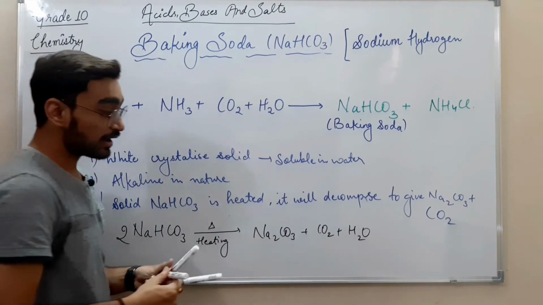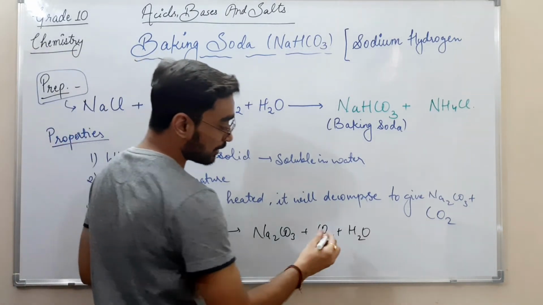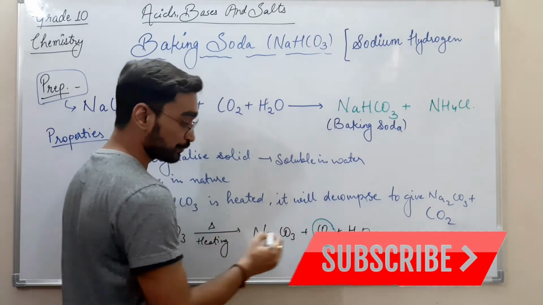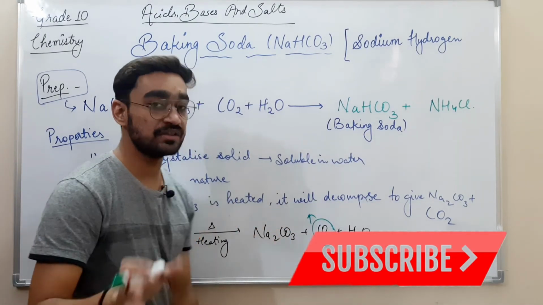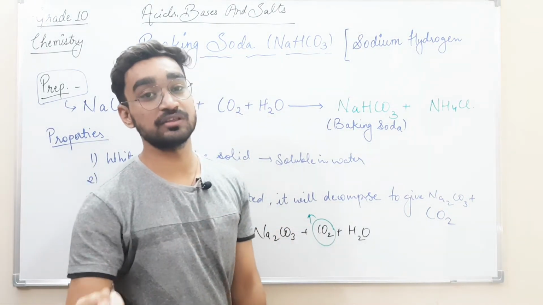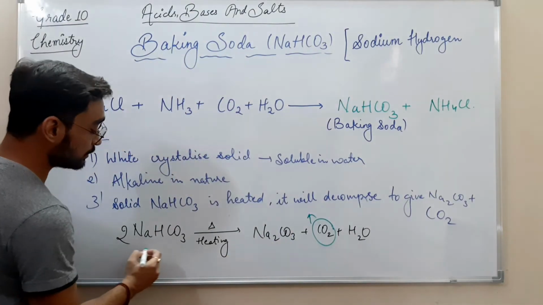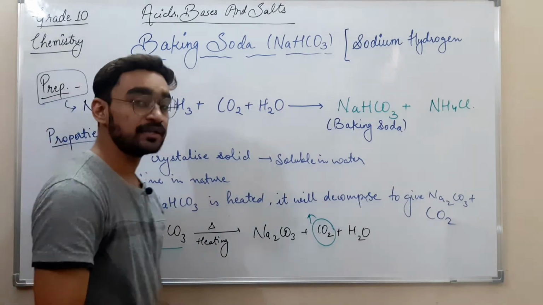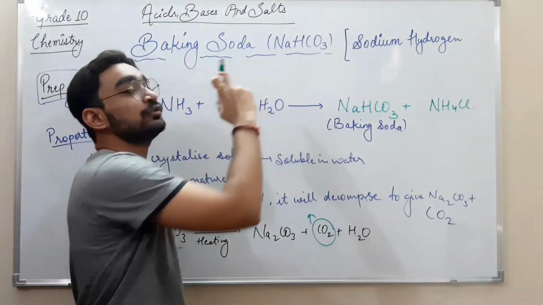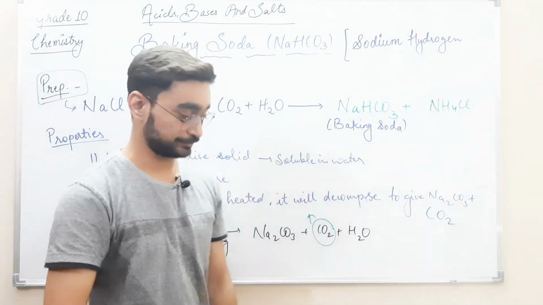The carbon dioxide evolved here gives sponginess to our breads, cakes and all bakery items. That is why baking soda is used to make bakery items soft.